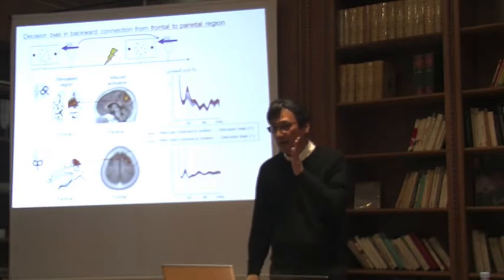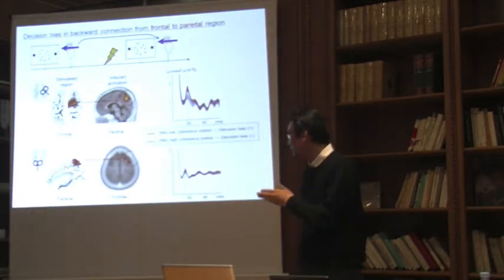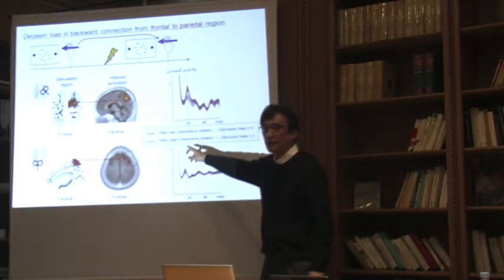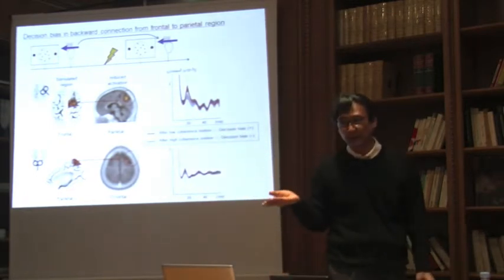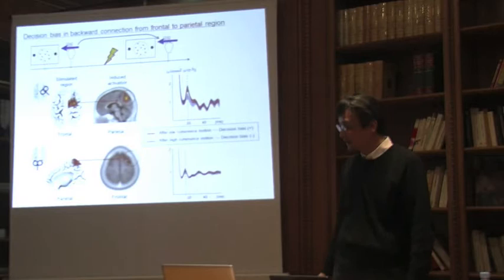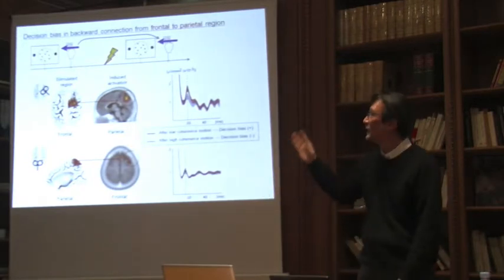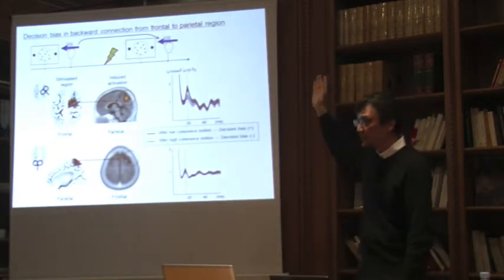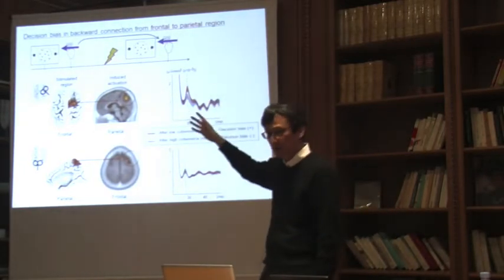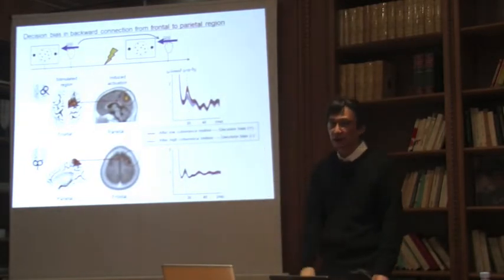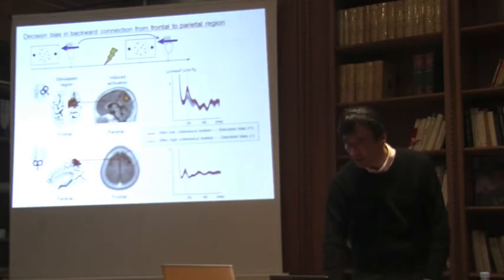But the magnitude of the induced activation did not change depending on whether there was a decision biasing effect or not. This may suggest a unidirectional change of signal transmission efficacy during the intertrial interval.